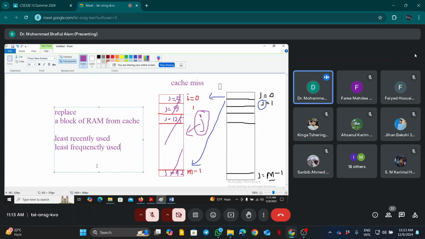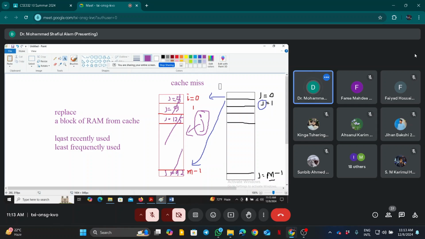So depending on this, a block is identified which is used less in recent time, and then least frequently.